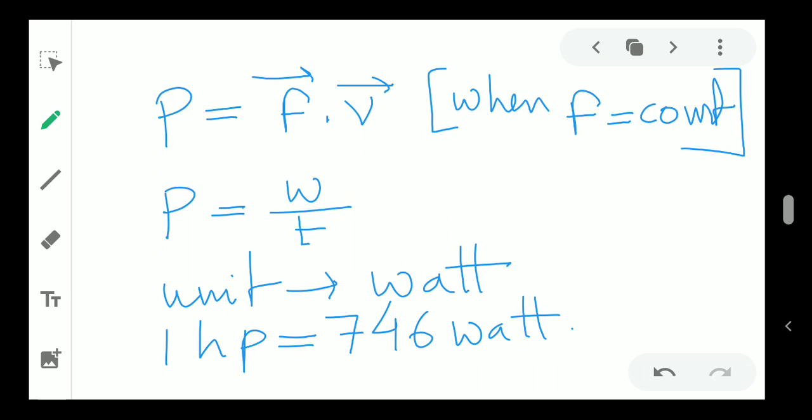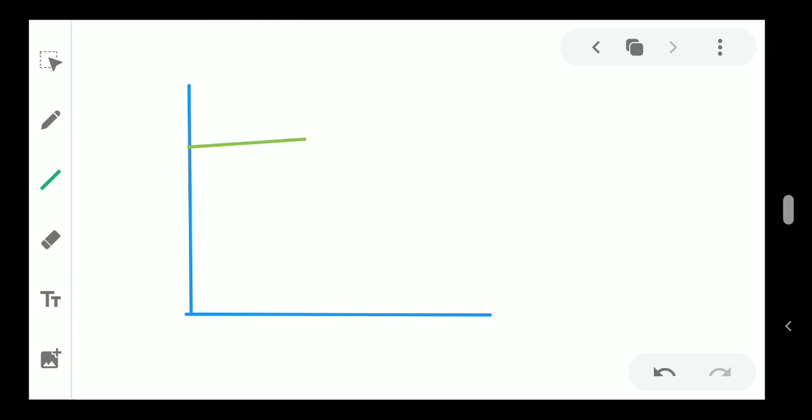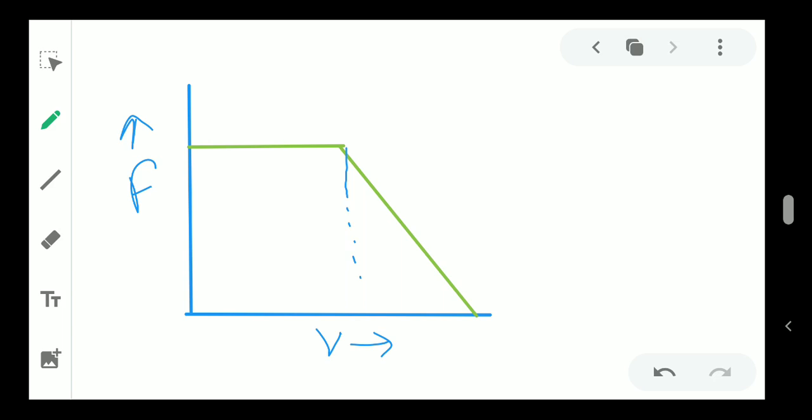Now as we have learned this formula, P equal to F dot v, if you have a graph like this, and the process is like this, and in this case let's say F is given and the velocity is given, and you have these limits where a certain change is occurring, so this v value is also given, let's say this is v1.